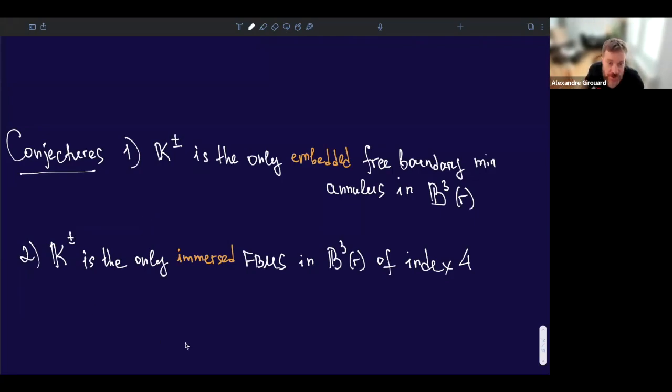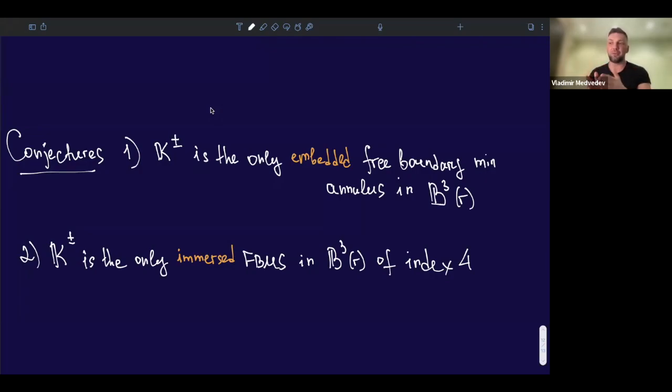There's a question in the chat by Shakadar, who asks, how far does the notion of Morse index used here depend on the choice of variational field? Can we also capture perturbations which are not necessarily along the normal field? Well, if you talk about the second variation of volume, then indeed you can take any perturbation, but it turns out that when you look at the first variation, you can only consider the normal component.